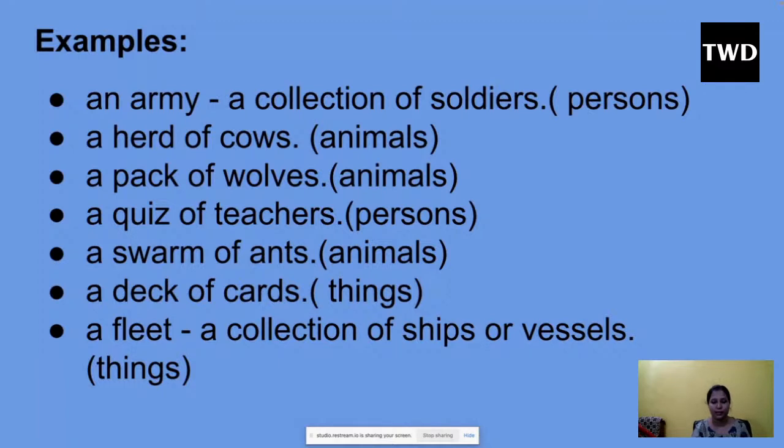Ships, you already know. So a group of ships and lots of vessels kept together, both of them are known as fleet. So here I have got only a few examples, like army, herd, pack, quiz, swarm, deck, fleet, right? But you can, from your end, also find so many other kinds of collective nouns.